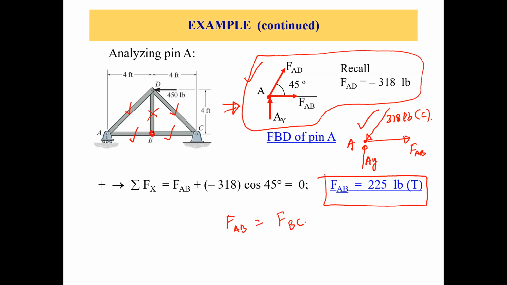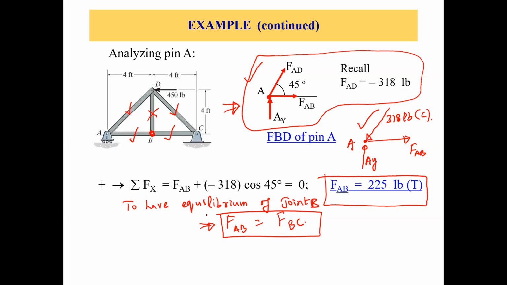So FAB and FBC should be equal to have equilibrium at joint B. So we can just write that to have equilibrium at joint B, we should have FAB equals FAC. So that's how we are done with all the member forces, and we are done with the force analysis of this truss.